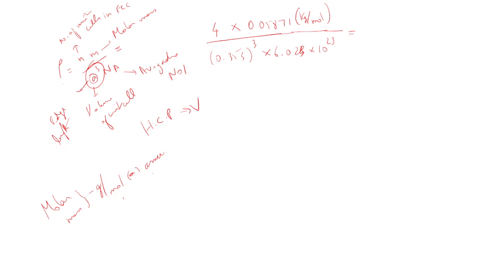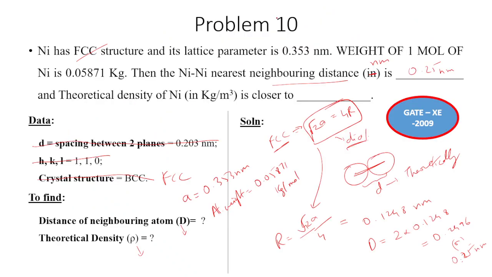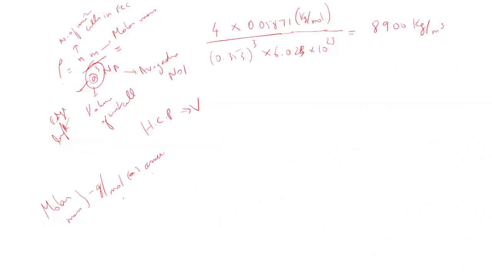So the answer will be something around 8,900 kg per meter cube. Always look at the unit that is asked in the question. If it's in kg per meter cube, the answer should be in kg per meter cube.